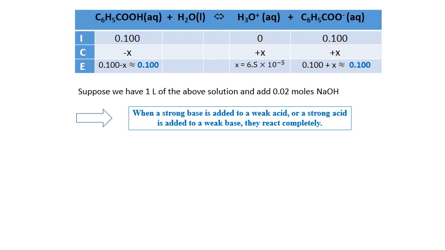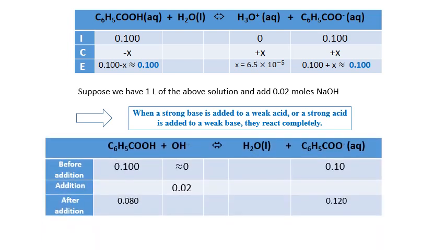When we toss in this example, let's have 1 liter of this benzoic acid benzoate solution, and let's toss in 0.02 moles of NaOH. Okay, now we do a different kind of table. It looks sort of similar to the ice table, but look at it. Instead of benzoic acid plus water, it's benzoic acid plus the OH minus.